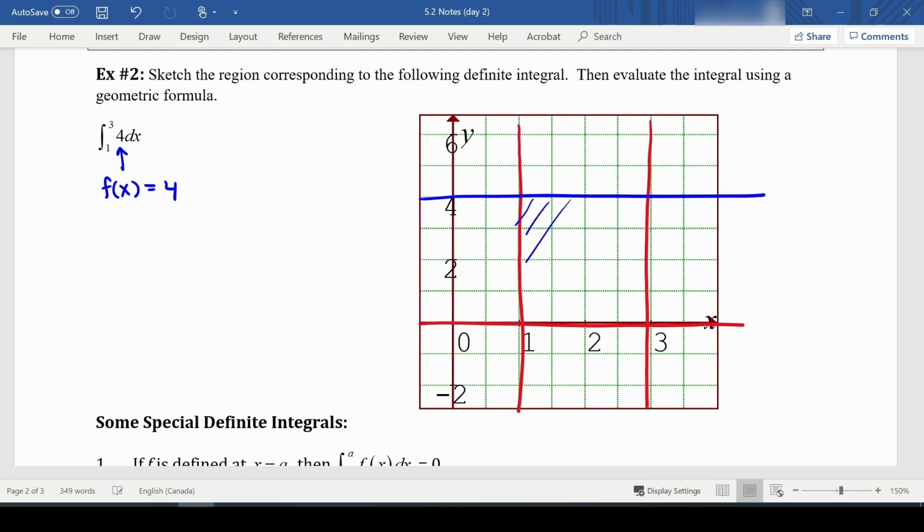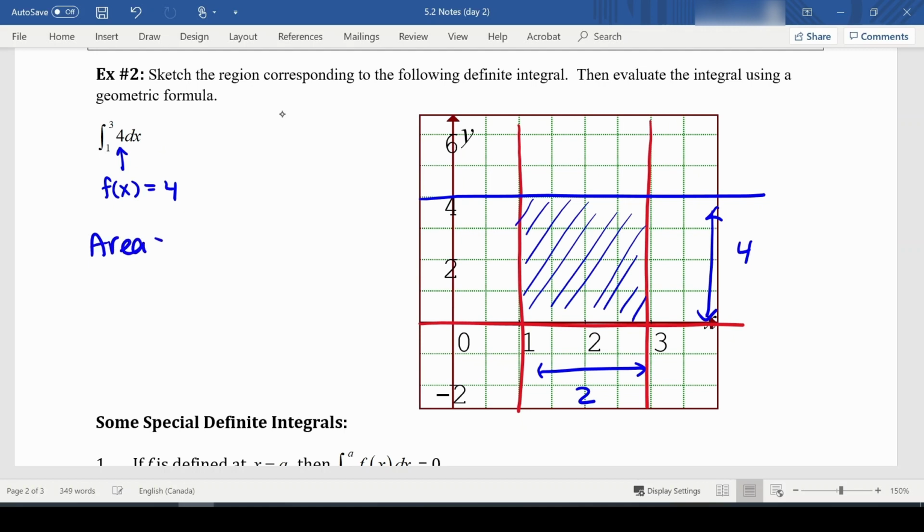And so the area bounded by these 4 lines is this lovely square. Well, if I want to find the area, it's not actually a square, it's a rectangle. The height is 4. The width is 2. So the area is 2 times 4, which gives us 8. So the integral from 1 to 3 of 4 is equal to 8.